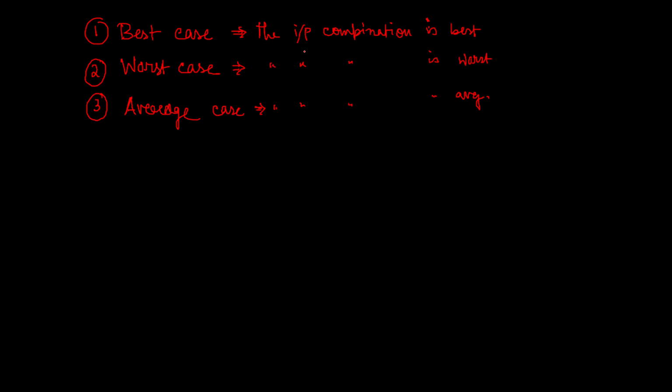For example, the best case scenario of a sorting algorithm is that the data is already sorted. The given set that you are trying to sort is already sorted. In that case, obviously, the time taken will be minimum. The worst case means the data is not even partly sorted, and not even a single data item is sorted in between themselves.